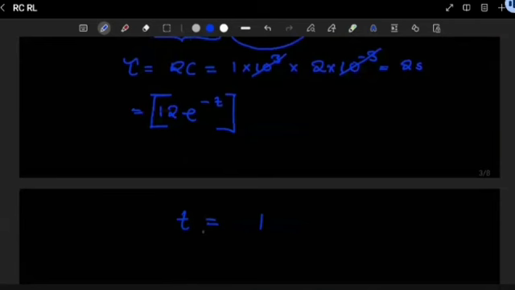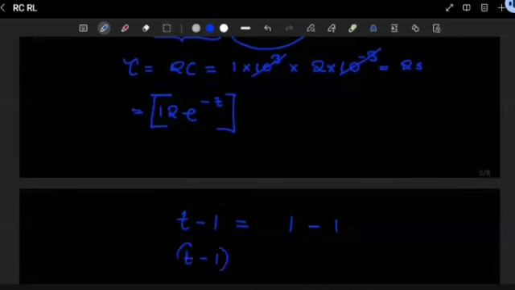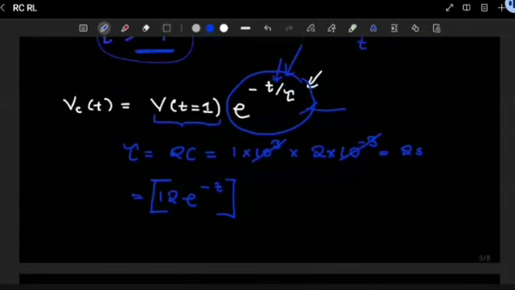Since we want t equals 1 to be our starting point for the count, when you subtract 1 on this side so that it initializes, you need to subtract 1 on the other side as well. So now our initial starting point is going to be seen as t minus 1. So this is how we generalize it. The expression that we're going to use here is going to be t minus 1.